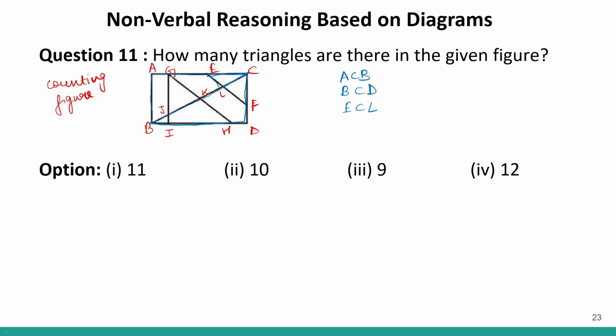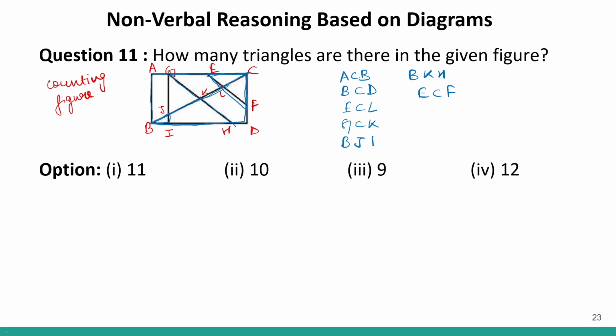Similarly, I can see this one, GCK. And similarly, I can see this small one over here, which is BJI. Here I can see this one, which is BKH. Then I can see this one, which is ECF.